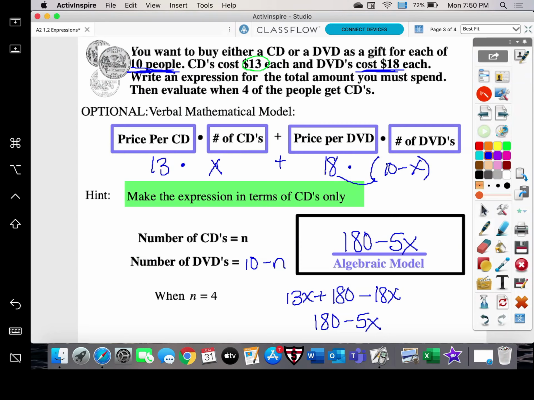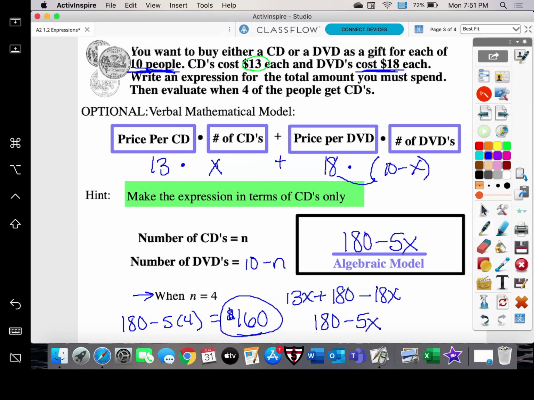Then there's this little part squeaked in here. When n is equal to 4, how much will we be paying? So n is 4. That was my x variable that I used. So 180 minus 5 times 4. Well, 5 times 4 is 20. 180 minus 20. $160 to buy your friends these gifts.